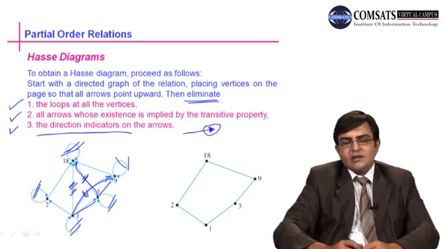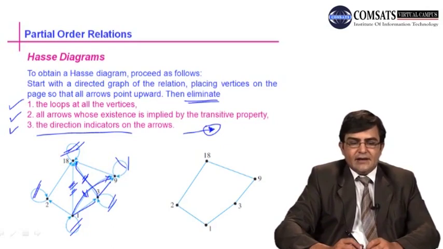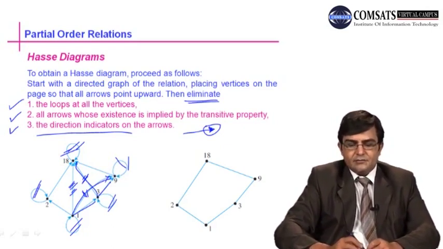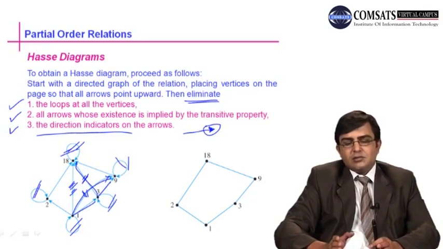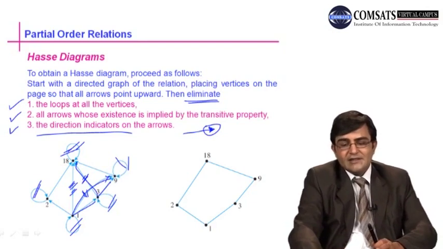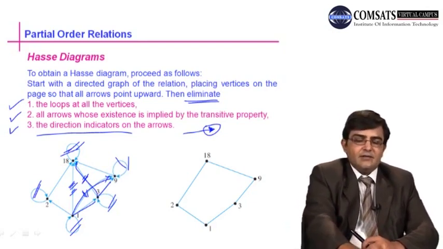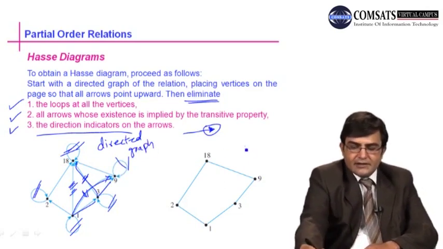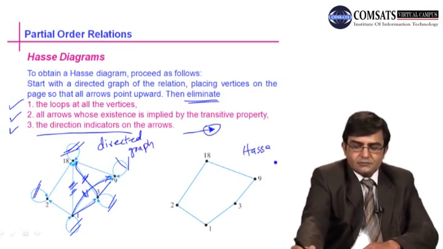So this is how we can construct the Hasse diagram, which shows the partial order relation. Now to construct a directed graph from a Hasse diagram, this is basically the directed graph, and this is the Hasse diagram.